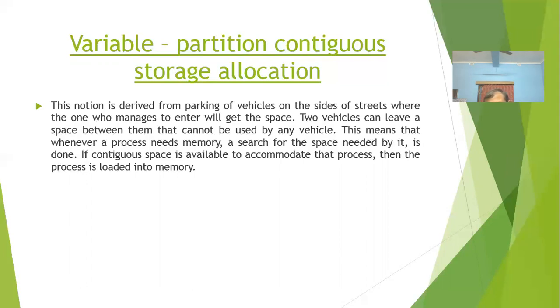So basically, in case of non-contiguous memory allocation, we generally try to minimize the wastage of memory space, and a particular process can be scattered. A particular process can be allocated memory space, but that memory space need not be continuous. They can be scattered. So that is the main concept here.